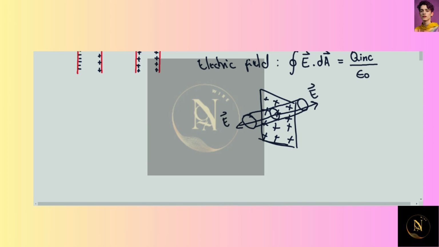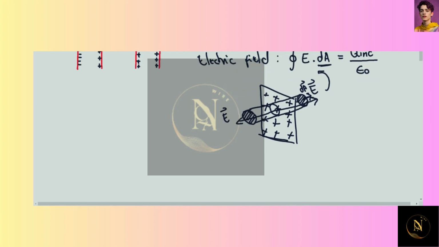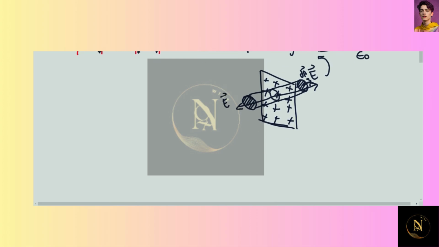The electric field is passing through the surface of the Gaussian geometry, and the area element corresponds to a vector perpendicular to the Gaussian surface. So these two vectors are parallel to each other.